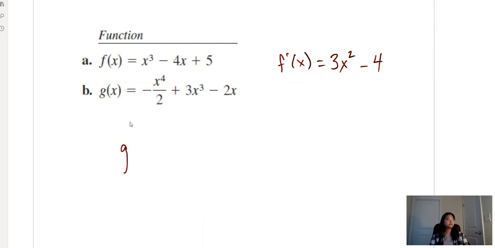So b, the derivative of b is going to be negative 4 over 2, which is negative 2, x to the 3rd power, plus 3 times 3 is 9, x to the second power, minus 2 times x to the 0, which is 2, and boom, there you go.